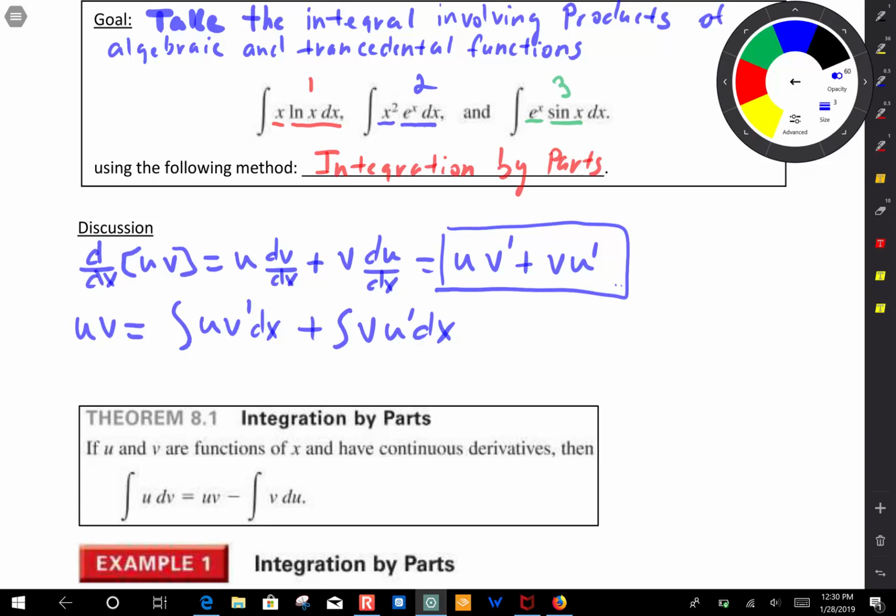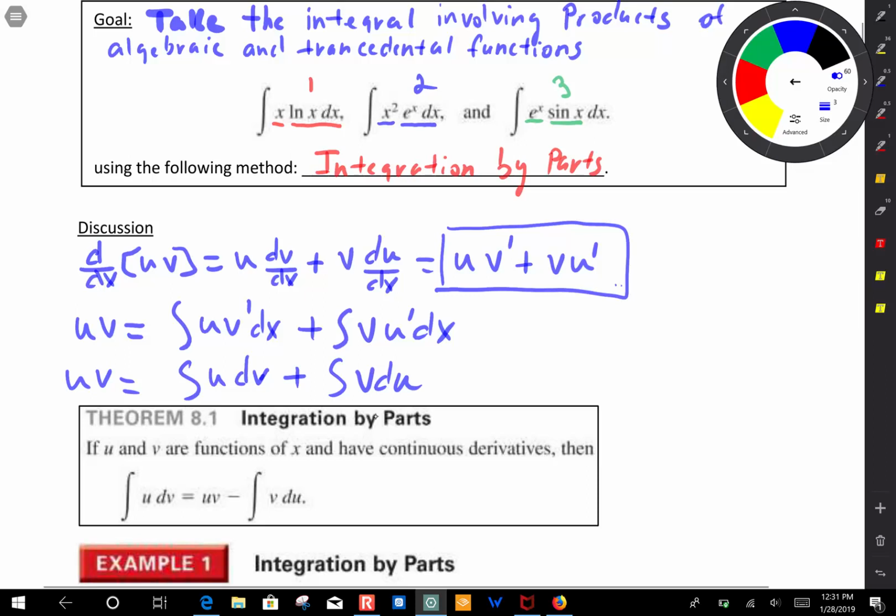That gives us uv equal to the integral of u dv plus the integral of v du. So it comes from taking the integral of the derivative of a product, and that gives me back my uv. It comes from the product rule.